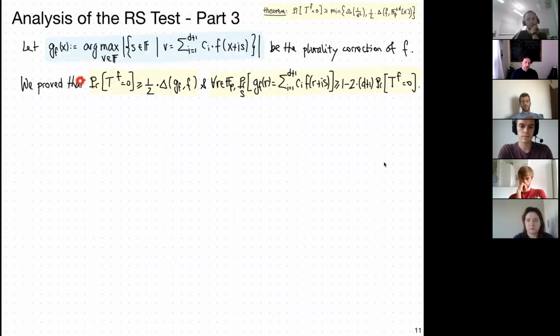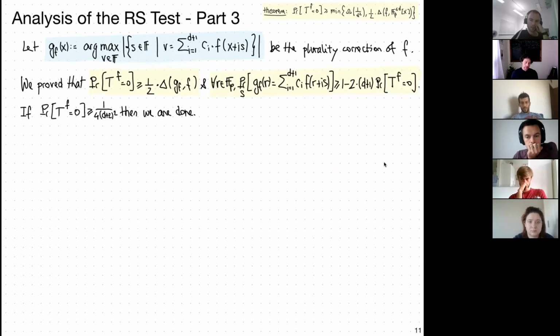First, step 1, which tells us that if we want to see what the probability of rejection is, it suffices to look at one particular function, the plurality correction. And we also saw that for this plurality correction, the agreement is in fact more than just that.